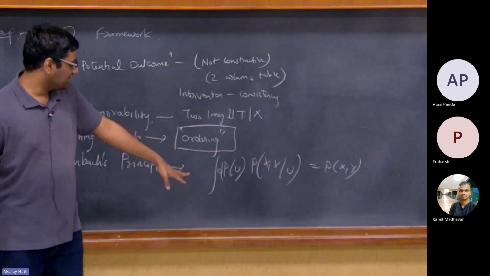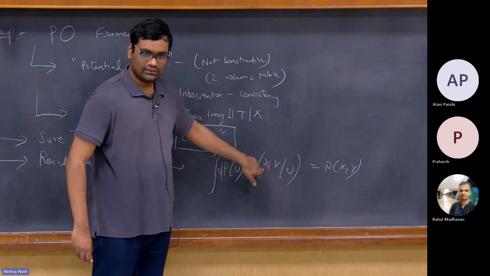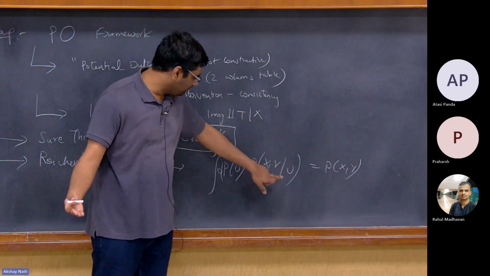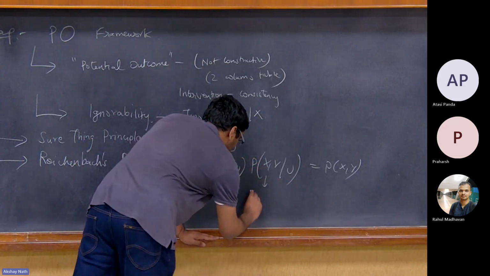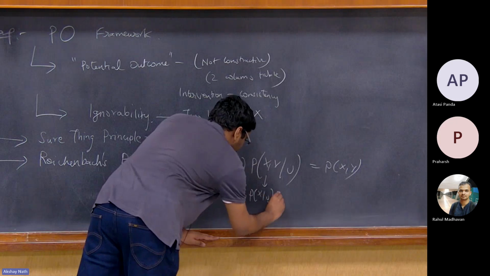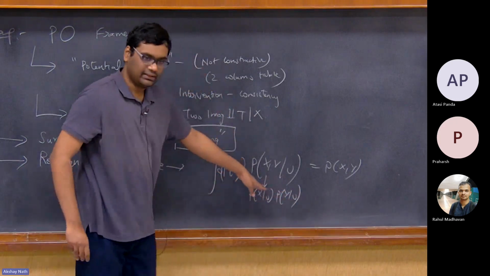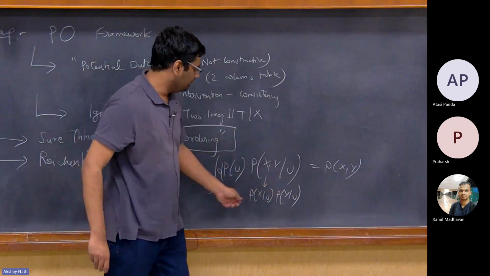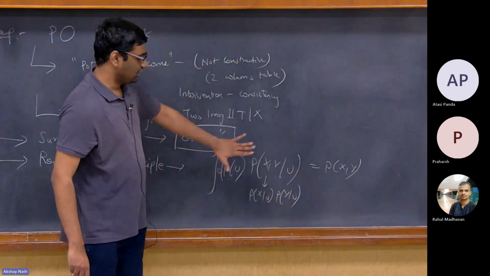So what it says is that you can either have x causing y, or y causing x in actual reality, no matter what u is, or you can have p of x given u times p of y given u, conditionally independent variables, and you can still integrate and get a correlation. This is a very fundamental principle.